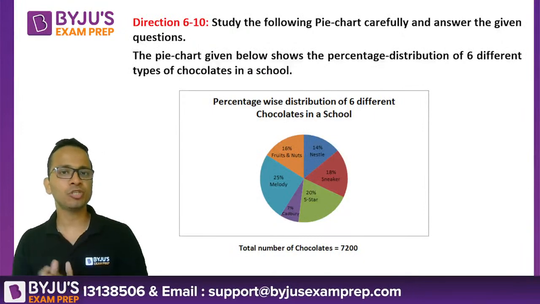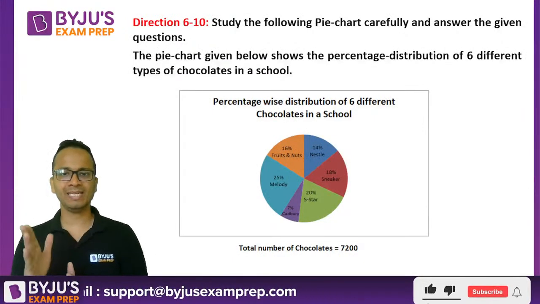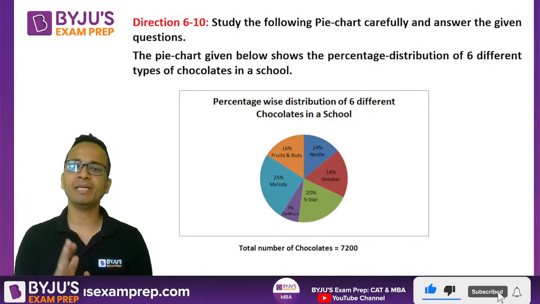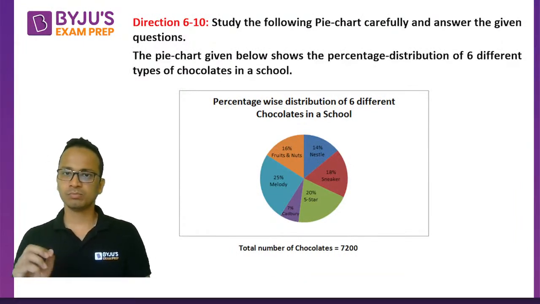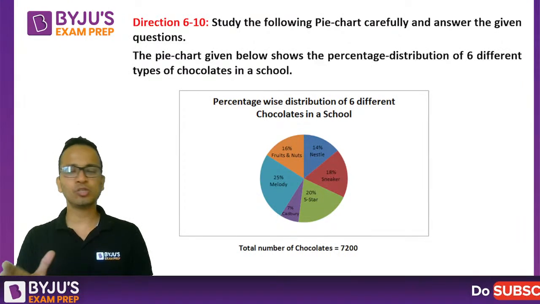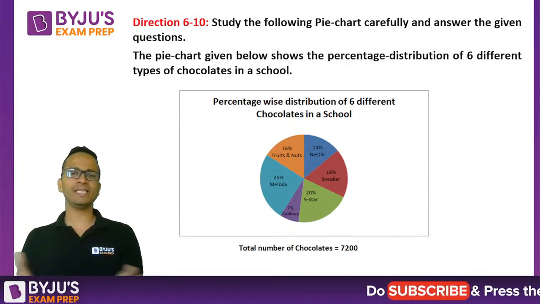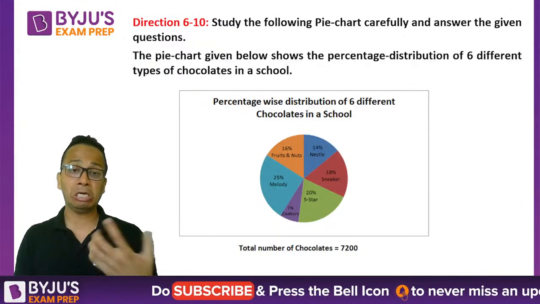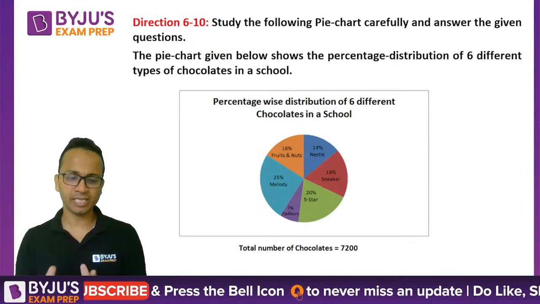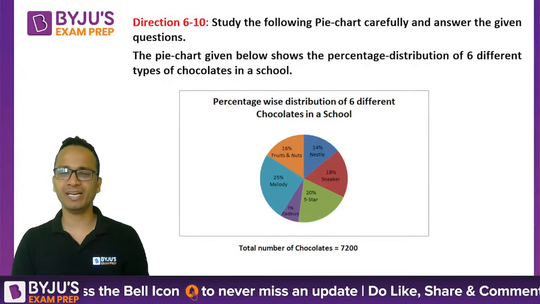Percentage wise distribution of 6 different chocolates in a school: Nestle, Snicker, 5-star, Cadbury, Melody and Fruit and Nuts. Let's move to the first question, because there is nothing in the data as of now. You don't need to decode or understand this data. Data is pretty straightforward. The questions will be a little difficult.